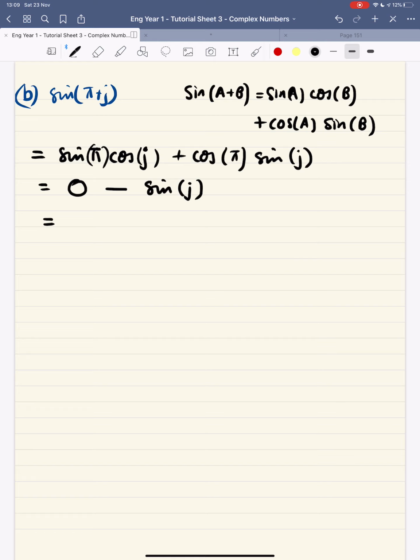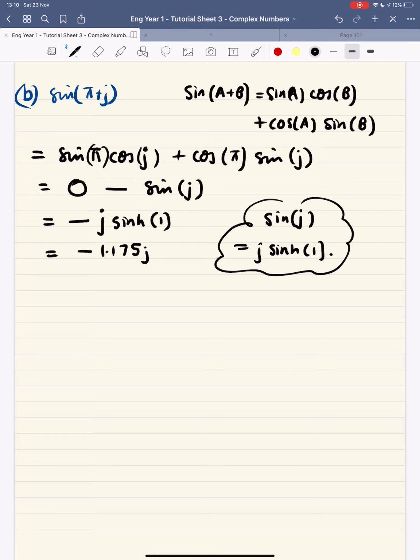So this is going to be minus j hyperbolic sine of 1, and that is going to be minus 1.175j. So basically the rule that we've used there is that sine j is j hyperbolic sine of 1.